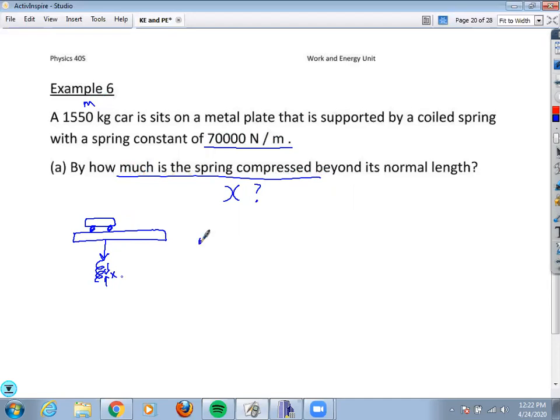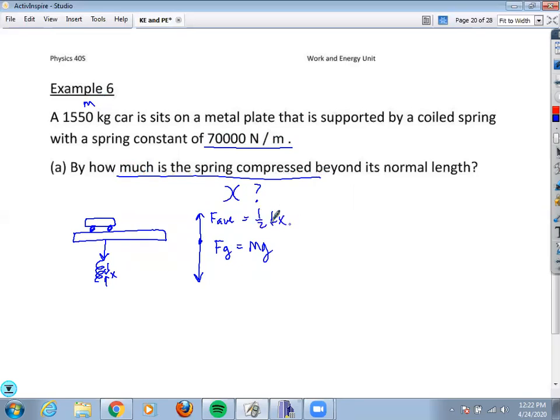So what force is pushing down on the spring? It would be Fg, so that's mg. And the force that's pushing back would be the average force, and that's 1/2 kx.